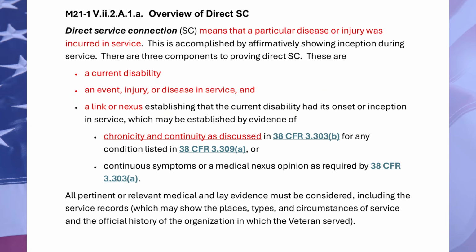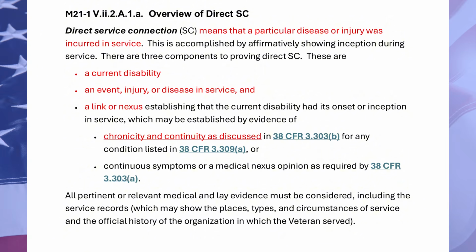Now, I also have highlighted in red there, chronicity and continuity, okay? I could probably count maybe 1 or 2 times, if that, where I've used that in a denial decision. I just got to the point, I was like, you know what? I'm not using it. A lot of raters use that when you've been out of service for several years.